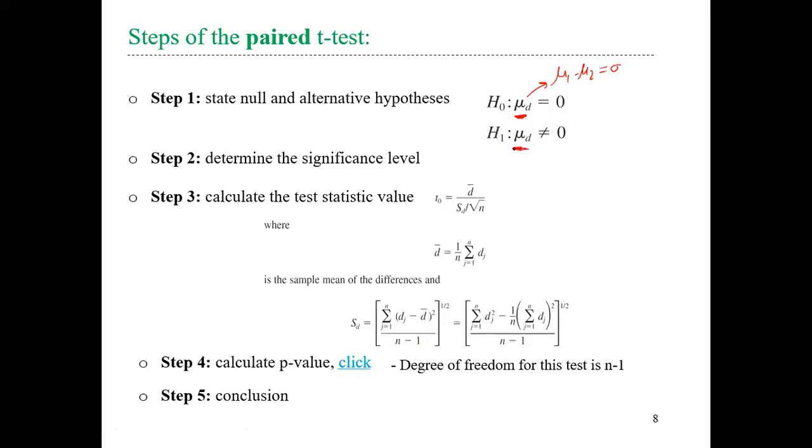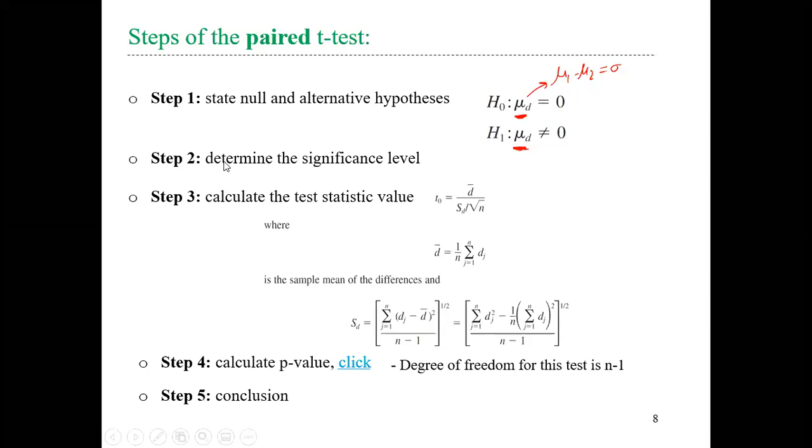If the average is not 0, whether it is positive or negative, they are not the same. They are different. So this is H0 and HA for the paired t-test. We do not work with mu1 minus mu2 actually, because that would give the impression that we work with two independent samples. So work with the difference.